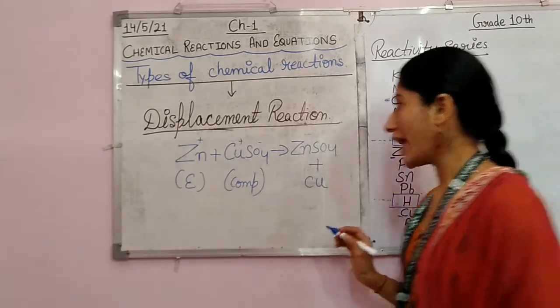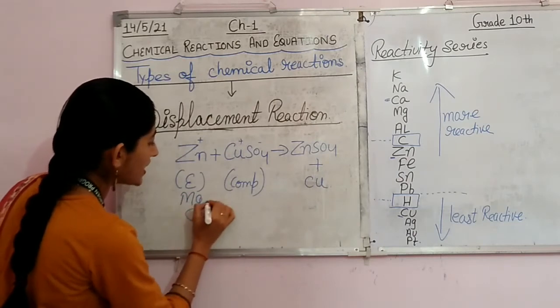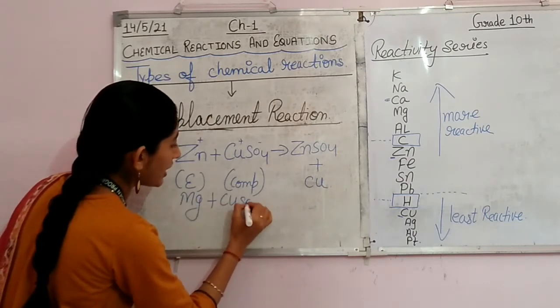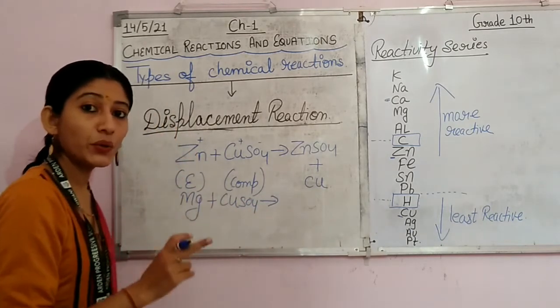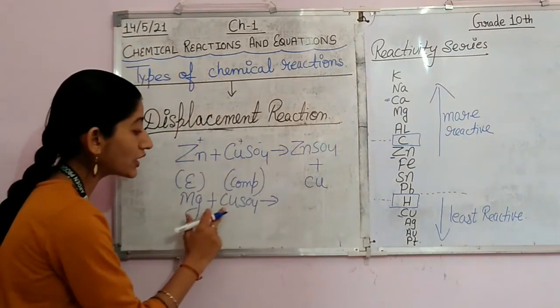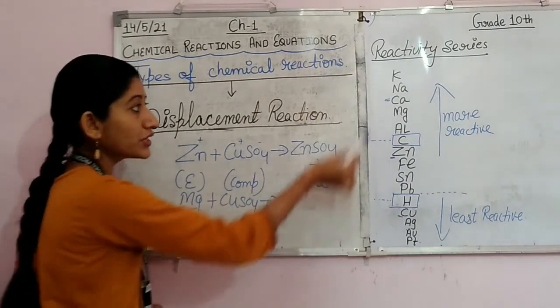Similarly, suppose we have magnesium plus copper sulfate. Now what do you think? Will magnesium be able to displace copper from the compound or not? For this again we will go through the series.